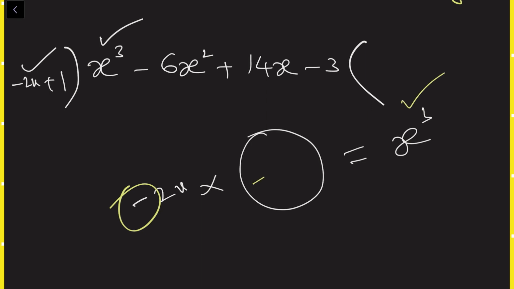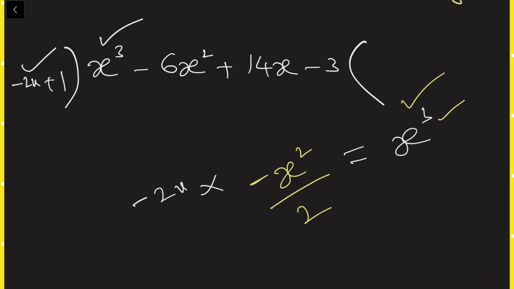So it should be multiplied with minus compulsorily. Then minus into minus, it will become plus. Here x is there, here x cube is there, so x square it should be compulsorily. Here number 2 is there, but in the answer number 2 is not there, means divide by 2. So minus 2x should be multiplied with minus x square by 2.